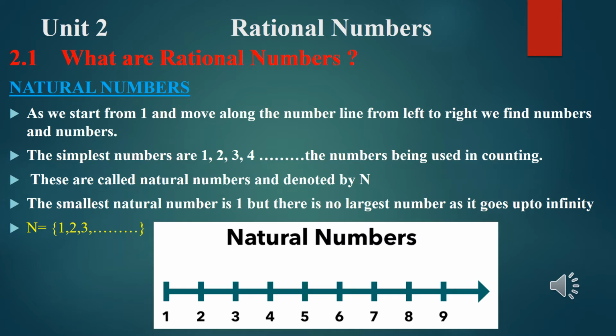The simplest numbers are 1, 2, 3, 4, the numbers being used in counting. These are called natural numbers and denoted by n. The smallest natural number is 1, but there is no largest number as it goes up to infinity. It is represented by capital N. N equals 1, 2, 3.